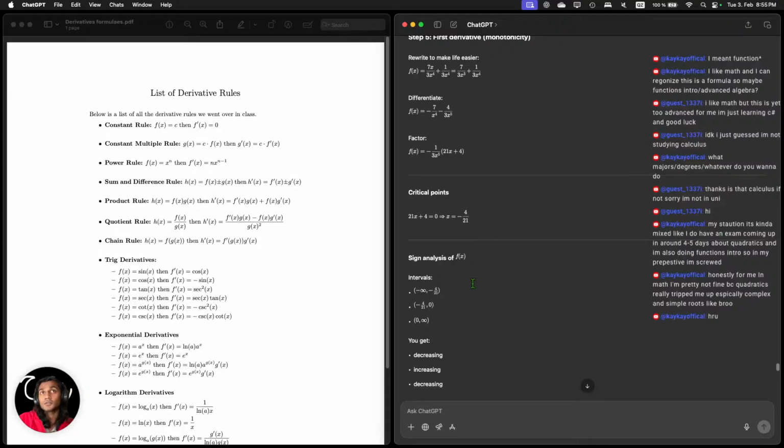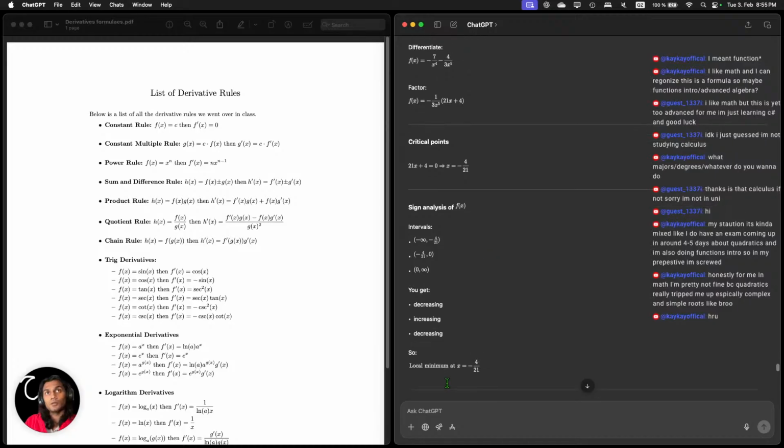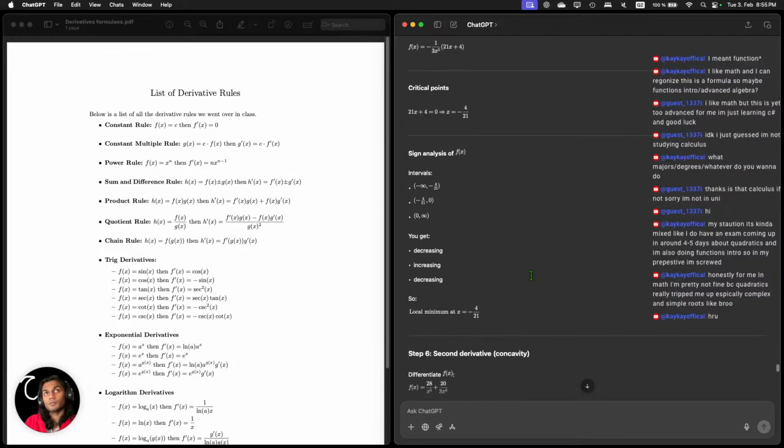Sign analysis of f dash x, intervals: minus infinity, minus 4 by 21, 4 by 21, 0, 0 to plus infinity. Okay. You get decreasing, increasing, decreasing. So local minimum at x equals minus 4 by 21.